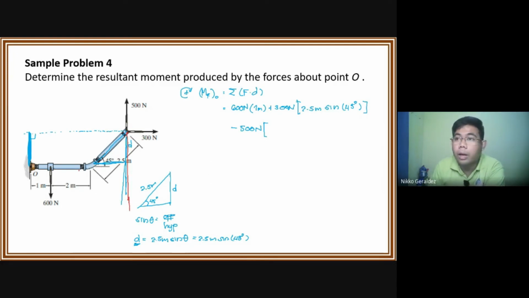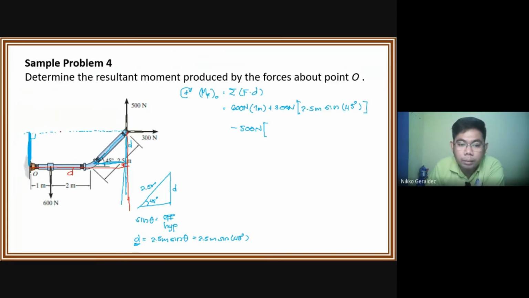Then, gawa tayo ng perpendicular line intersecting the line of action of the 500 Newton. So, that is perpendicular. Itong red line na to, that is the perpendicular distance between the 500 Newton force and the moment center. So, ano yung length na yan?